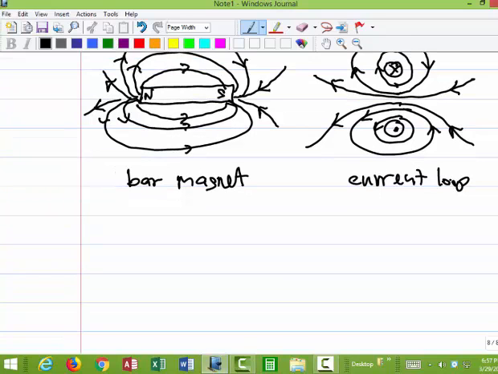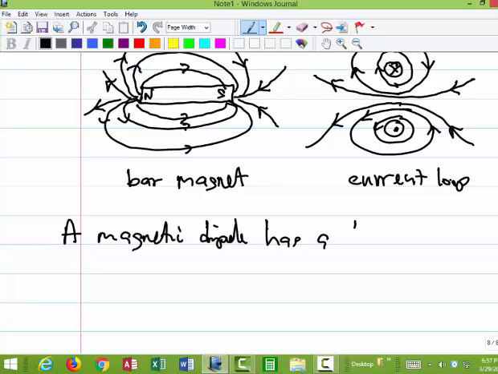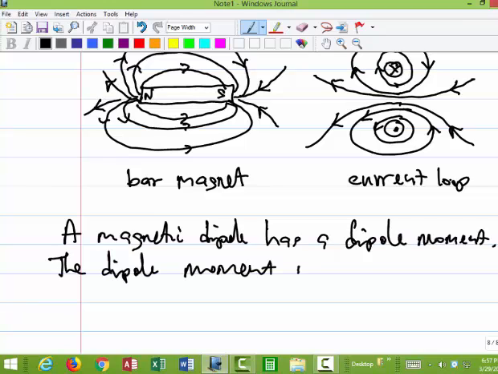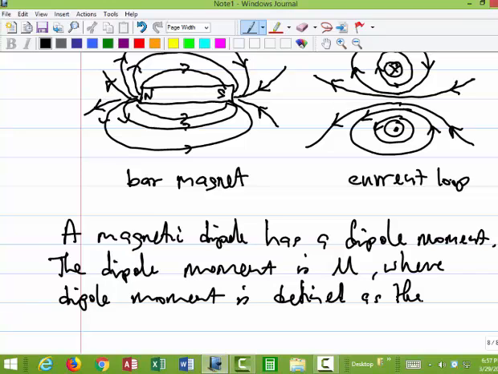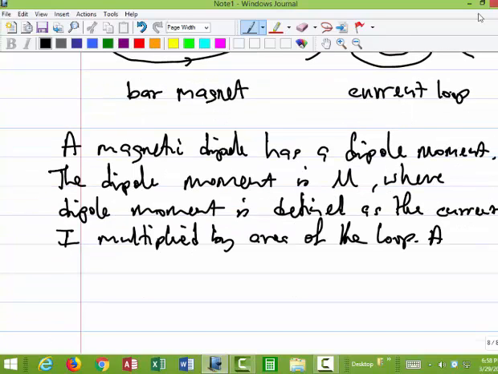So we can say that a magnetic dipole has a dipole moment. The dipole moment is letter mu. Again, this time it's not mu naught, but it's mu, where the dipole moment is defined as the current multiplied by the area A of the loop.